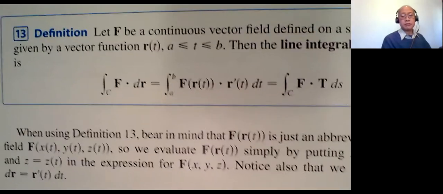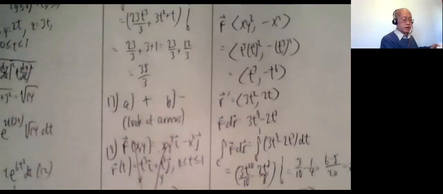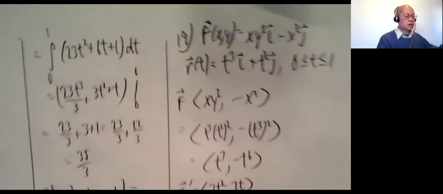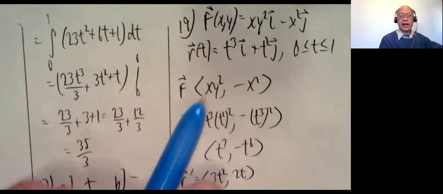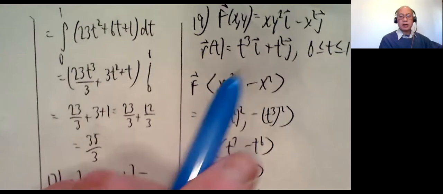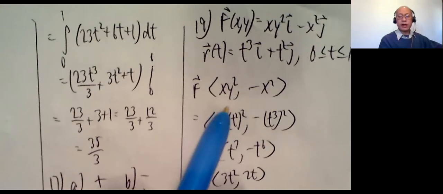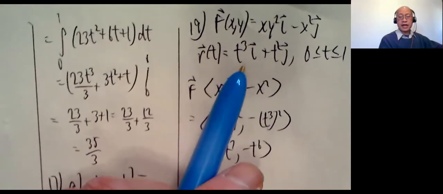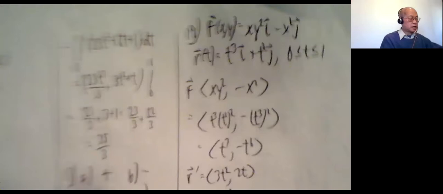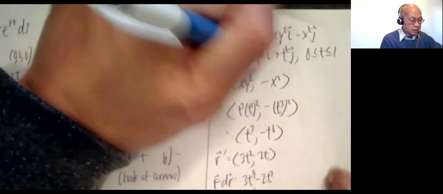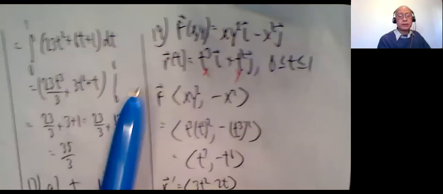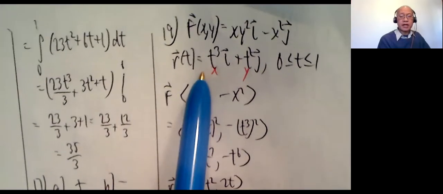Just plug in r of t for x and y. So here we go. x, y squared, right? x is t cubed, there's x. y squared is t squared, squared. Okay, that's x, that's y. Maybe I'll emphasize that more by writing it. x, y. Remember, r is always a position vector. So if it's a position vector, the components are automatically x and y and z. That's not necessarily true for F.